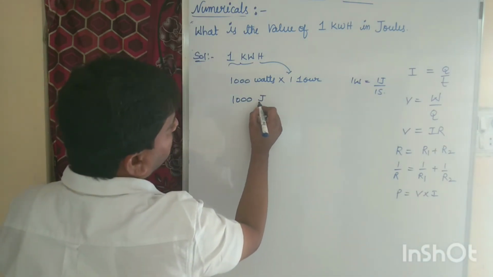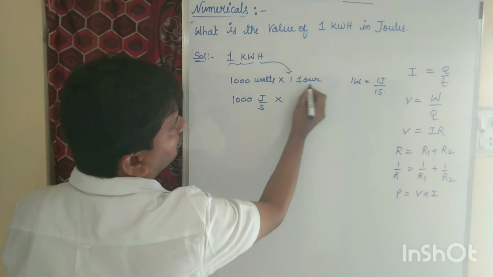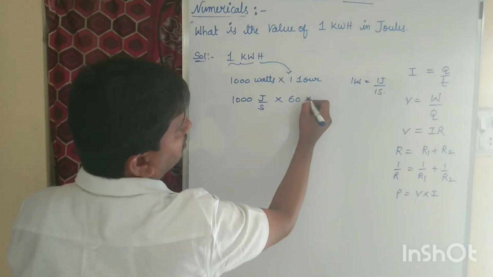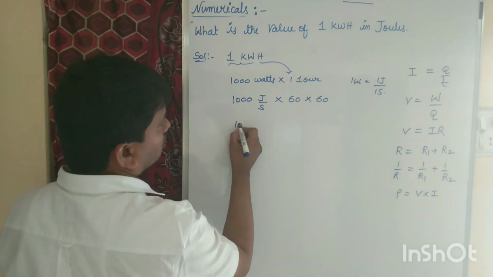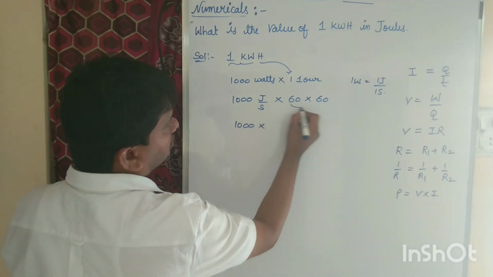So 1000 joules per second into 60 minutes, and 1 minute is equal to 60 seconds. So 1000 into 6 into 6, 36.